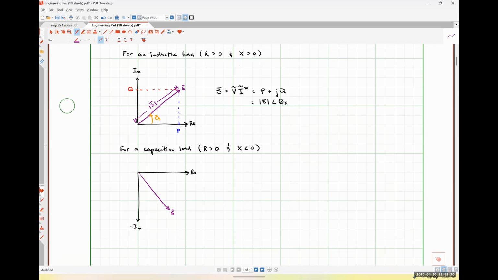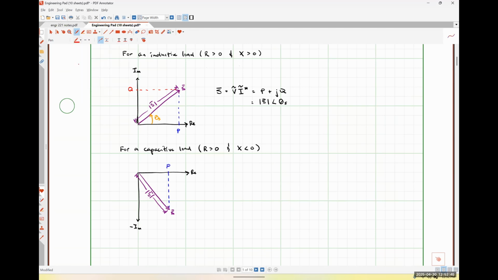Okay. Once again, the length of this vector is my reactive power. Excuse me, my apparent power. Sorry for misspeaking there. The projection of this complex power vector onto the real axis is my average power.